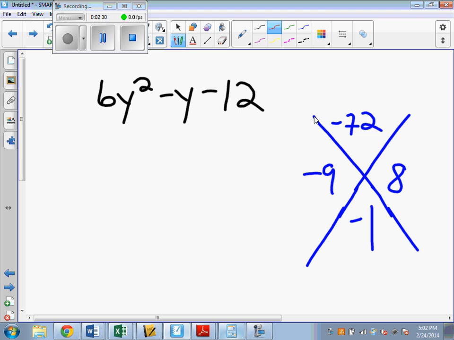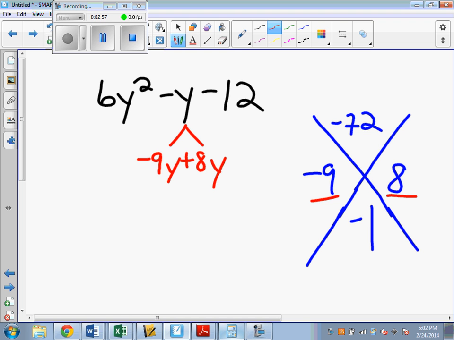What these numbers tell us to do is rewrite our middle term, that negative 1y, as negative 9y plus 8y. If you were to combine your like terms, negative 9y plus 8y is going to give you negative y.